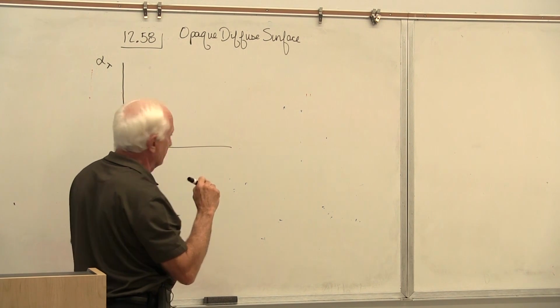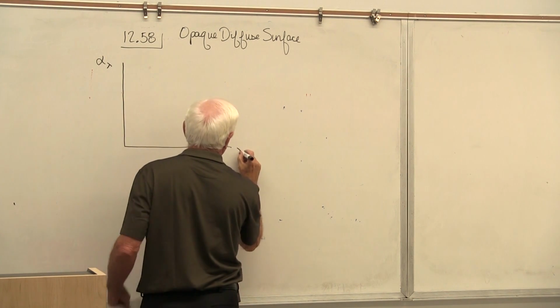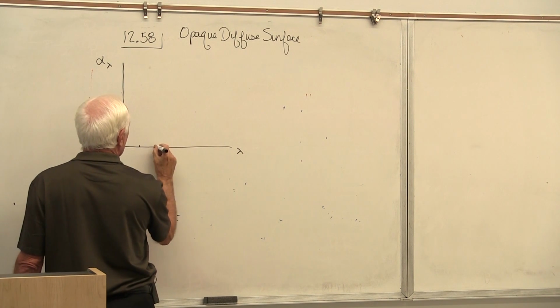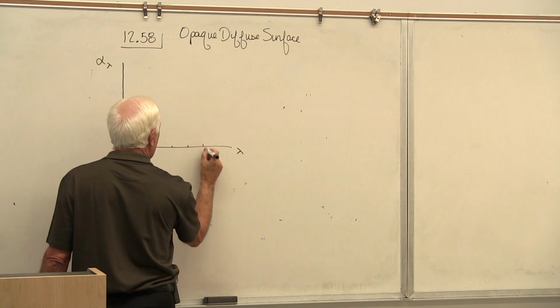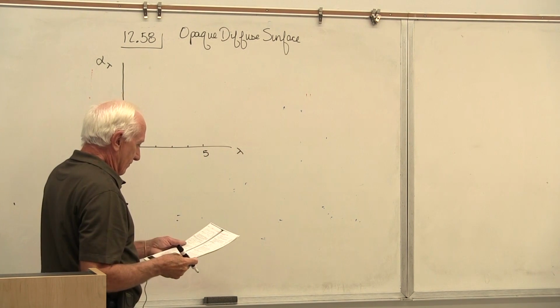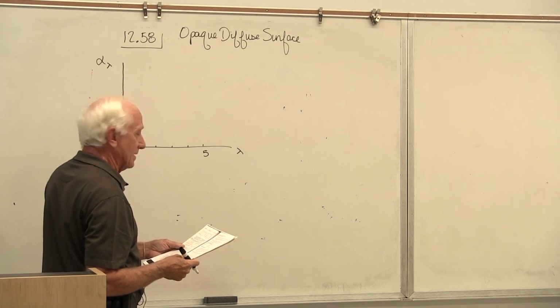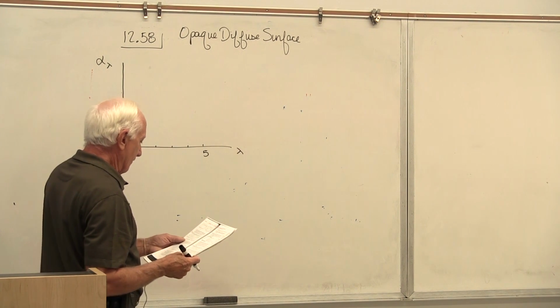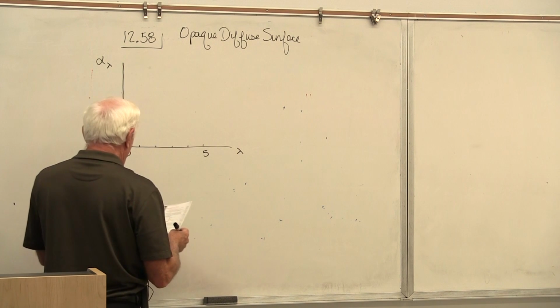The lambda means spectral, as a function of wavelength, lambda. We're going from 0 to 5 microns. From wavelengths of 0 to 2 microns, alpha lambda is 0.4.